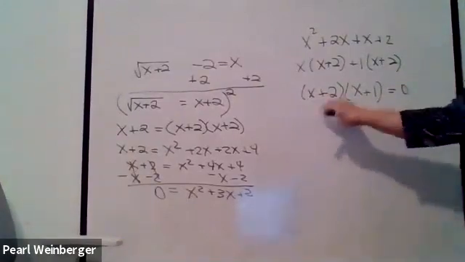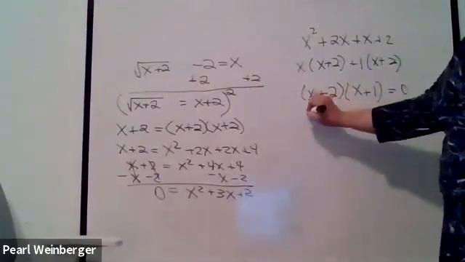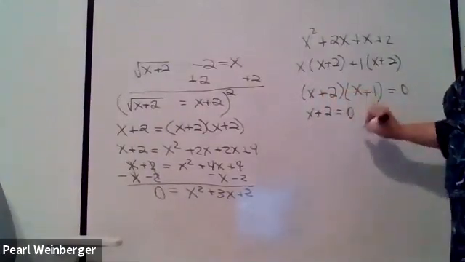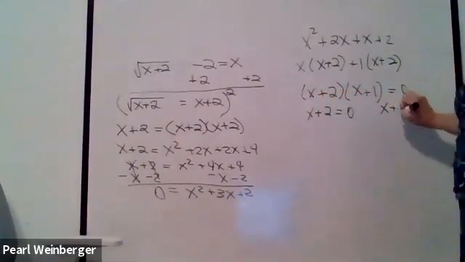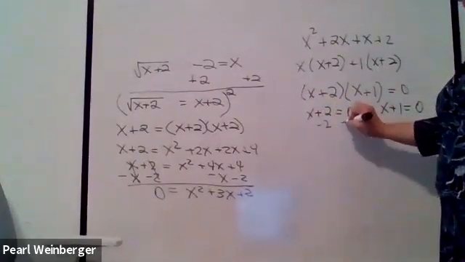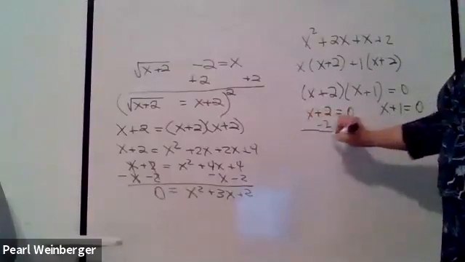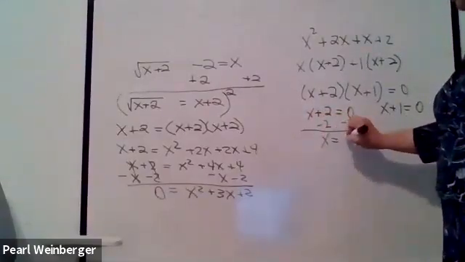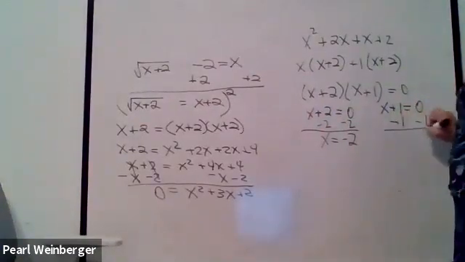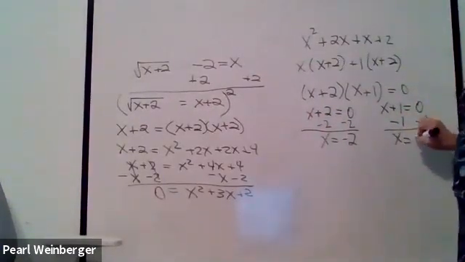So I'm going to have to set each of these equal to 0. x plus 2 equals 0, and x plus 1 equals 0. And this gives me one answer, x equals -2, and the other answer is x equals -1.